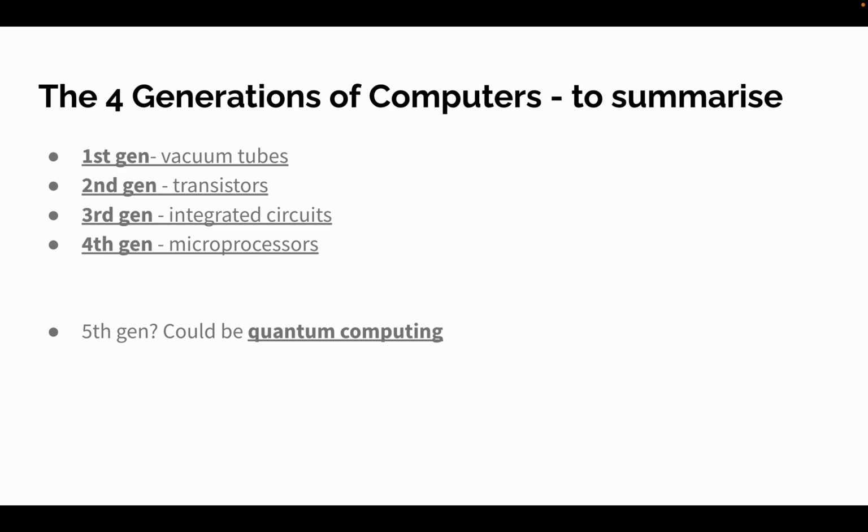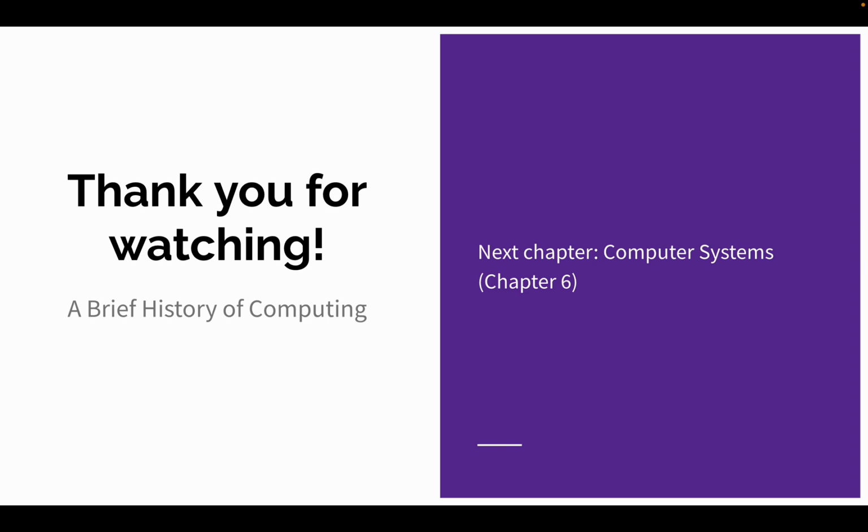The 5th generation, if we look towards the future, we could have quantum computing, which, while we'll just briefly touch on this, could be viable for a next generation of computing, but it's still going to take a lot of research, and for now microprocessors are holding out just fine.